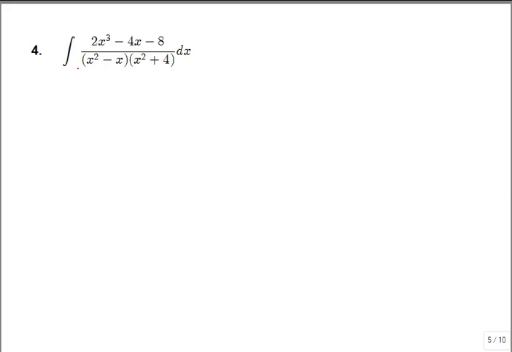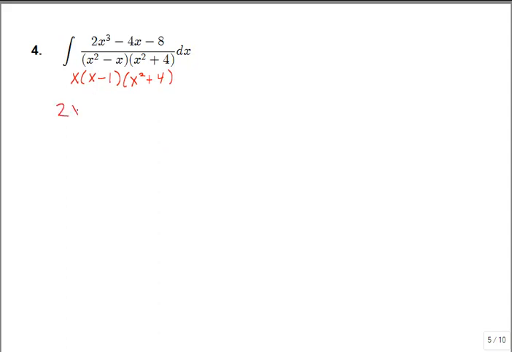Now this factor here has an x in common, so if I pull it out, I get x times x minus 1. Unfortunately, this one does not factor because it's a sum of squares, not a difference of squares. So I have to leave that as x squared plus 4.